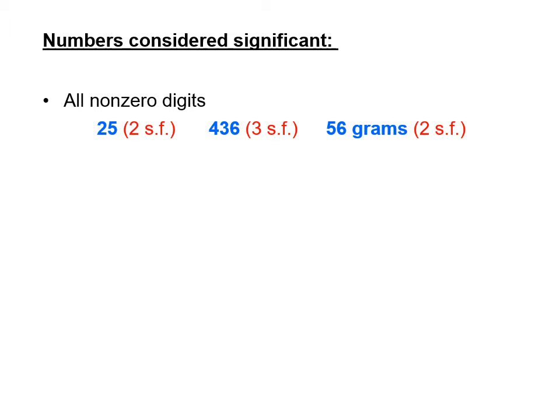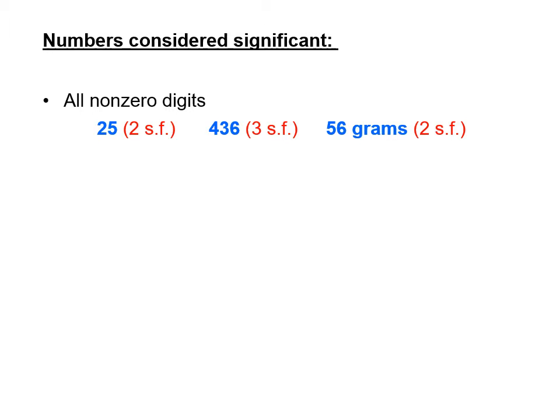So let's look at what numbers are considered significant. Any non-zero digit is considered significant. So for example, the number 25 has two significant figures. The number 436 has three significant figures, and the number 56 grams has two significant figures.